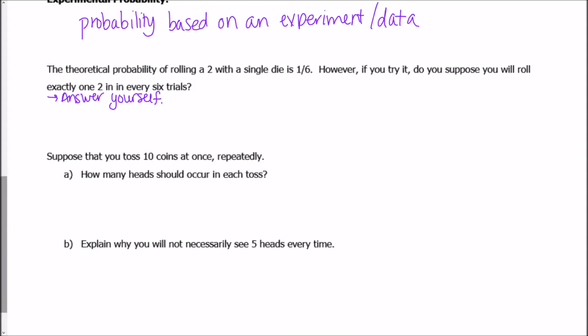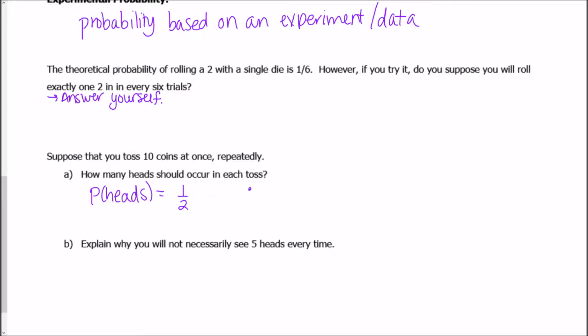It says, suppose that you toss 10 coins at once repeatedly. How many heads should occur in each toss? The theoretical probability of heads is 1 out of 2.